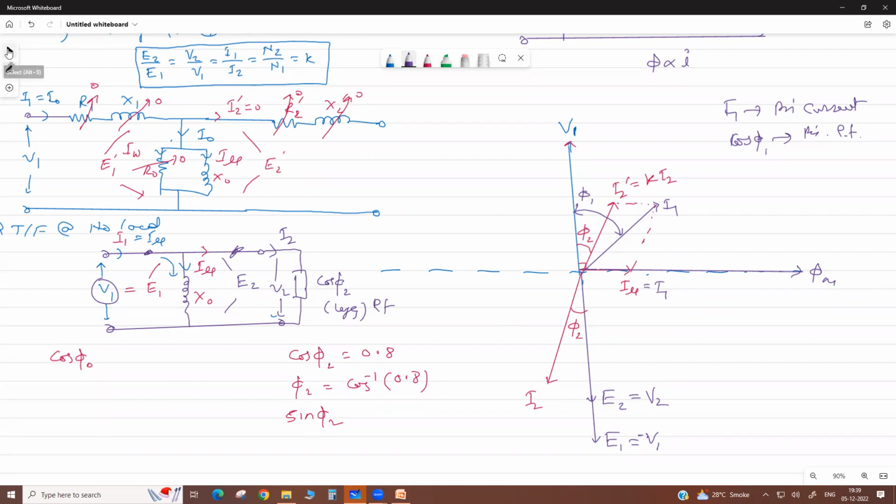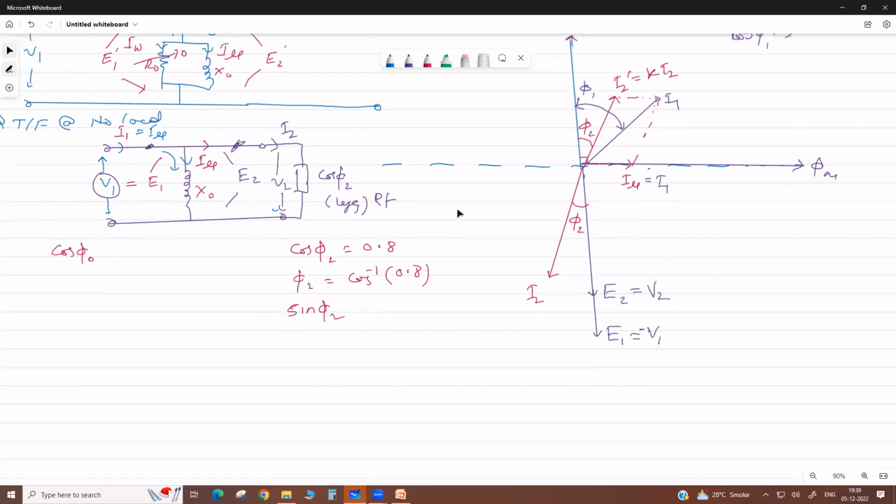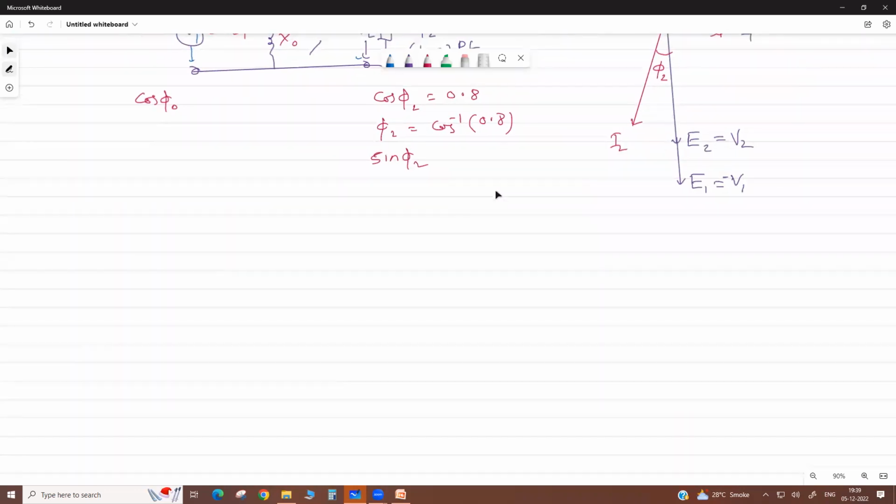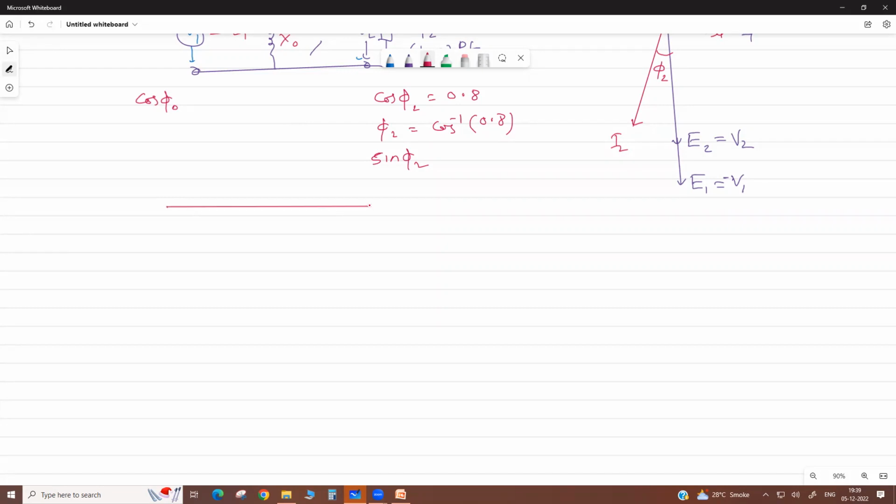Okay. Now we do some other case, like we take some partial ideal transformer. Means we only neglect the primary and secondary impedances, but we consider the complete magnetizing branch. Suppose your magnetizing branch is completely here, means core losses are there.